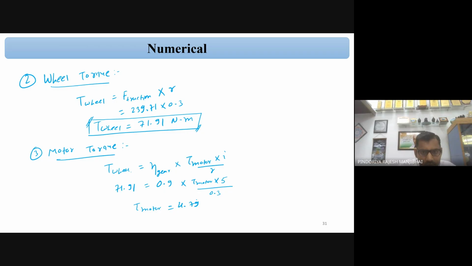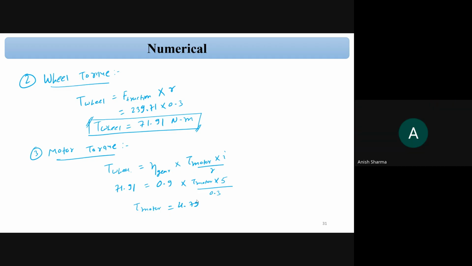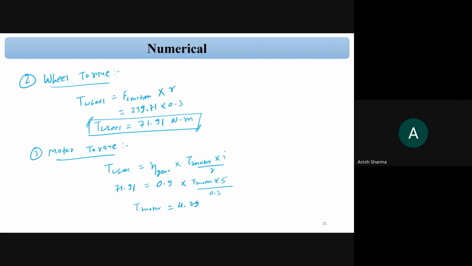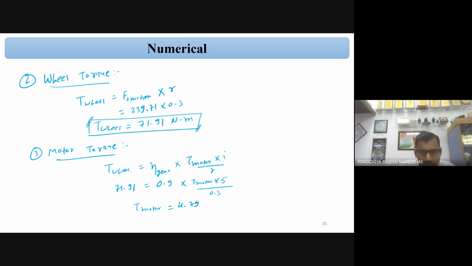Please check, another student got 4.794. I got 4.78, so it is nearby 4.79, yes, 4.794. Okay, so the torque is in Newton meter.